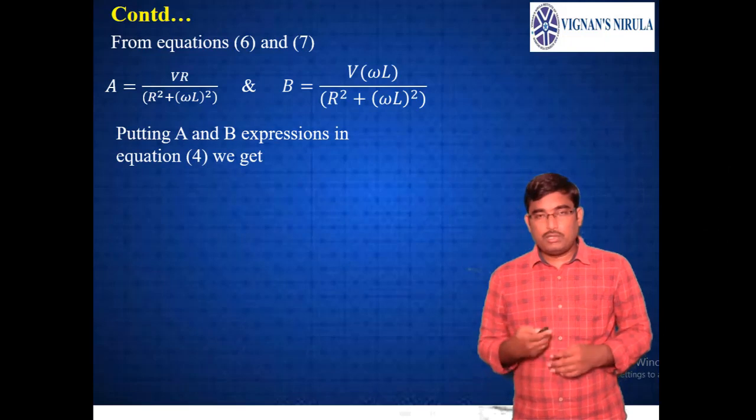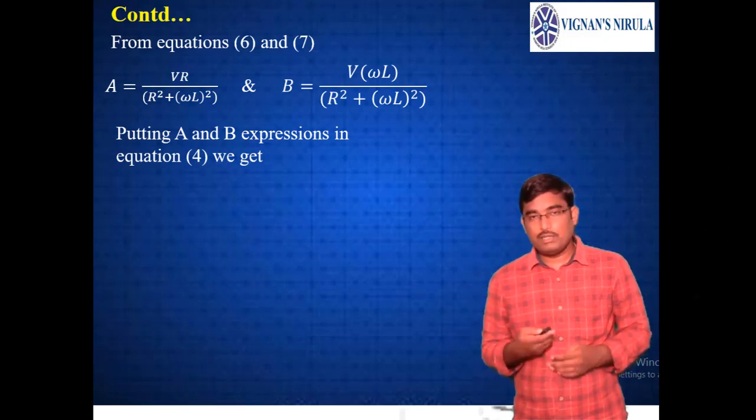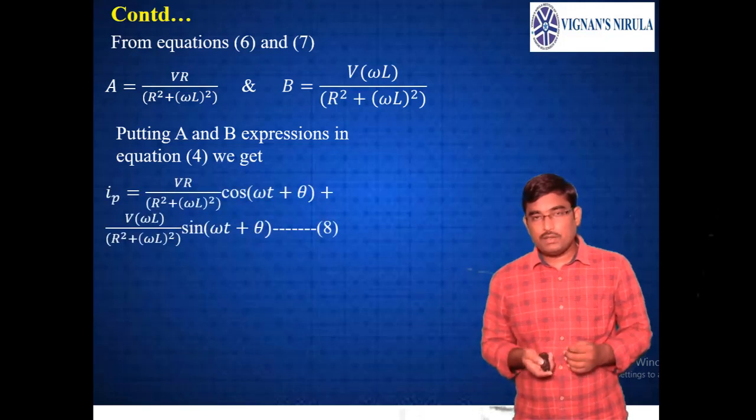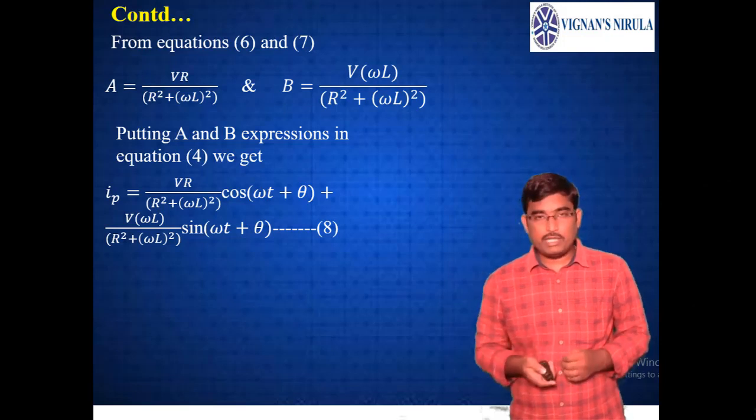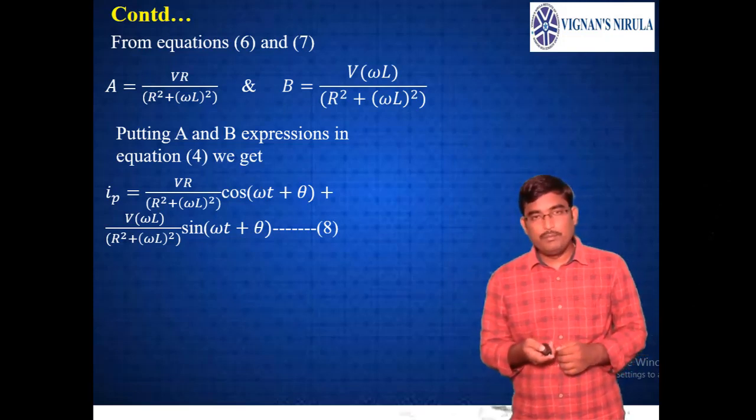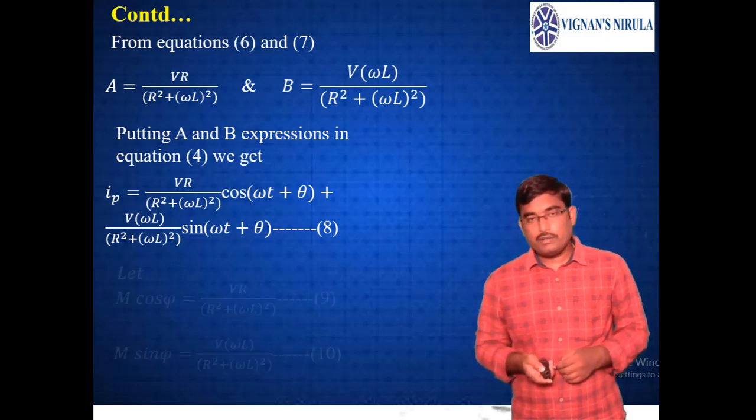Now putting this A and B in equation 4, in the place of i_P, we got i_P as V into R by (R square plus (omega L) whole square) into cos(omega t plus theta) plus V into omega L by (R square plus (omega L) whole square) into sin(omega t plus theta), taking this as equation number 8.